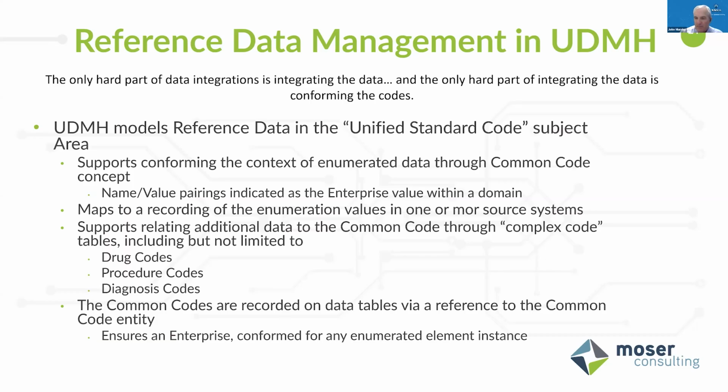So we were able to create RxNorm tables. Procedure codes, CPT codes, have additional data to them. Drug codes have all application data sets to them. We were able to model a lot of those as, quote unquote, complex codes. That just has a bridge table to the common code table, right? That's an addition to the common code table. Everything that's an enumerated value in this model gets an entry as a domain and a code set in the common code table. It just so happens some of them also have a bridge out to other descriptive data.